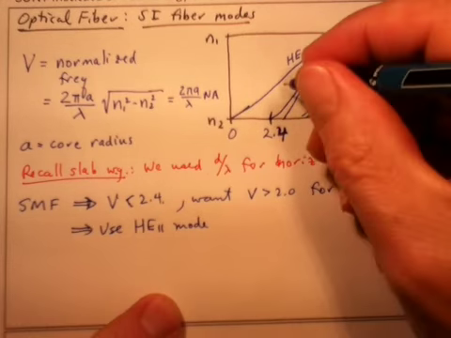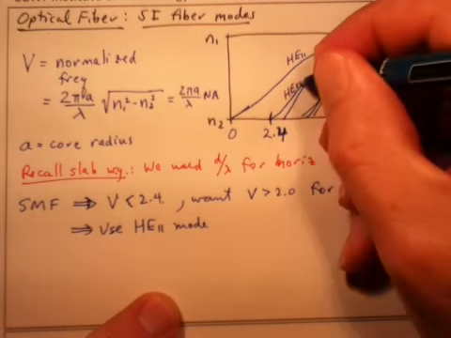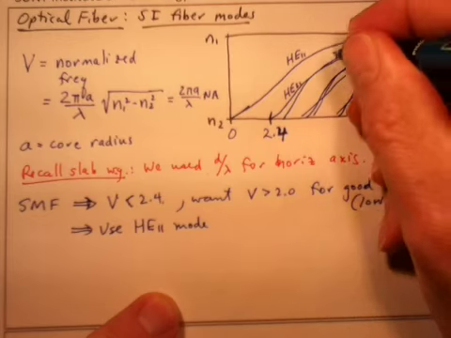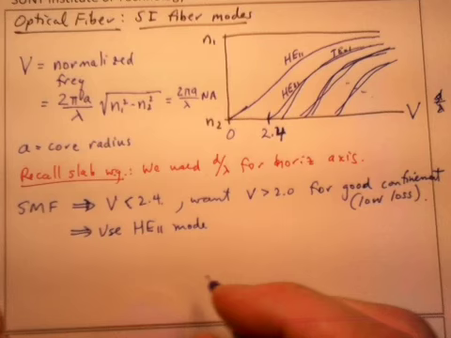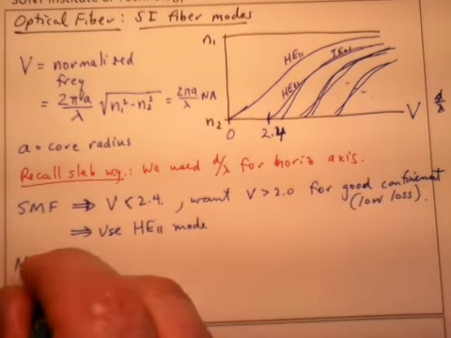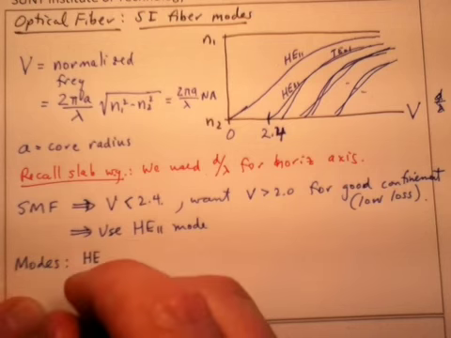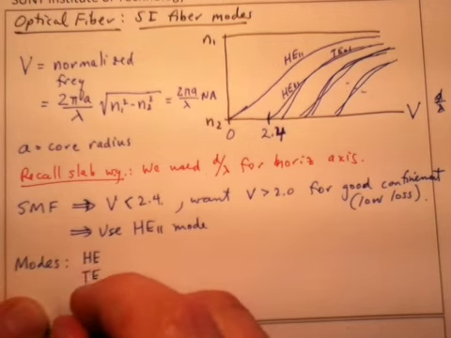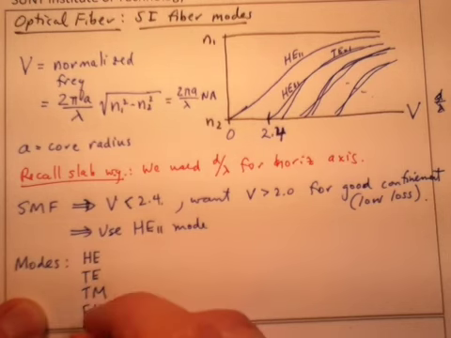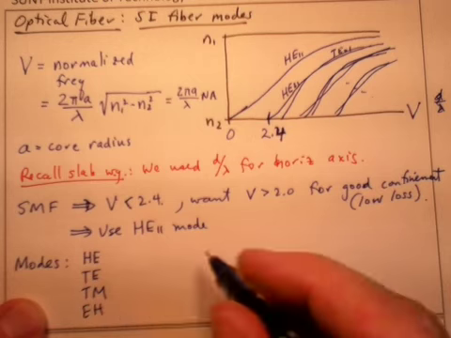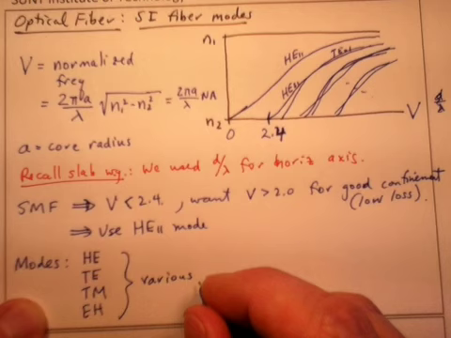There's the HE21, the TE01, etc. Lots of modes. So we've got the HE variety, the TE variety, the TM variety, the EH variety, and these have various geometries.